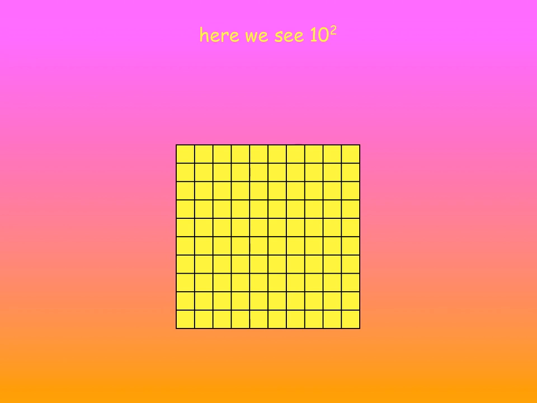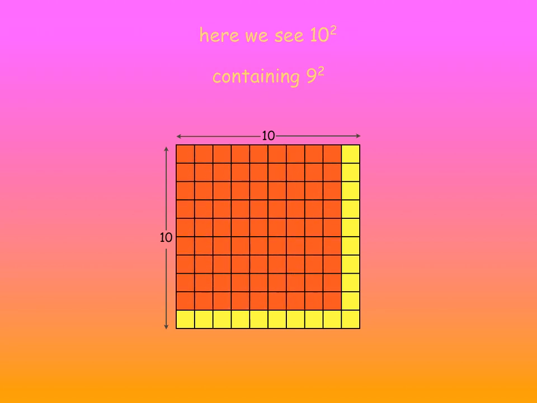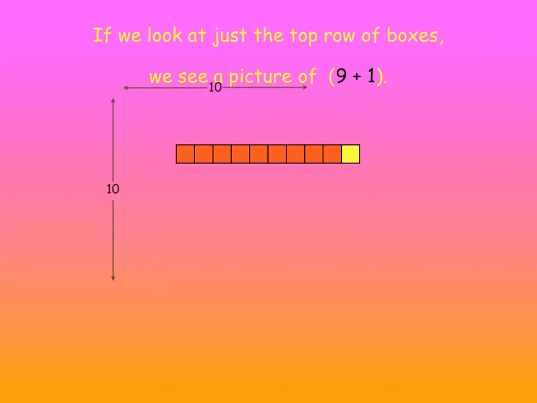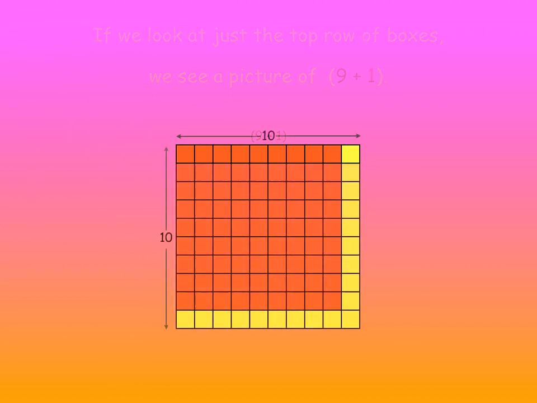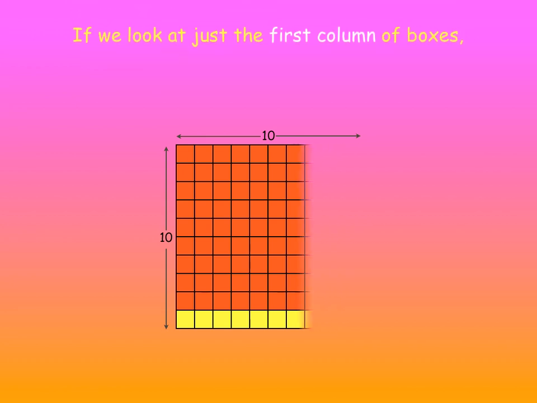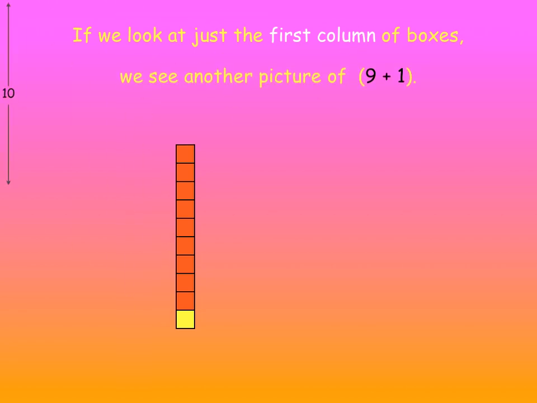Here we see 10 squared containing 9 squared. And if we look at just the top row of boxes, we see a picture of 9 plus 1. If we look at just the first column of boxes, we see another picture of 9 plus 1.